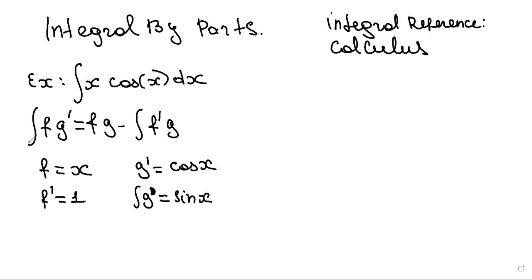Our g is equal to sine x because we know that the derivative of sine x is going to be cosine x. So now we just write it: x sine x minus the integral of 1 times sine x, which is sine x, and we have dx here.